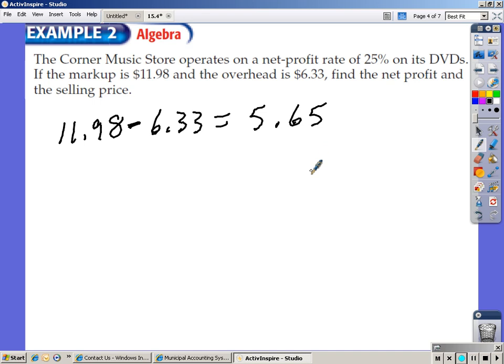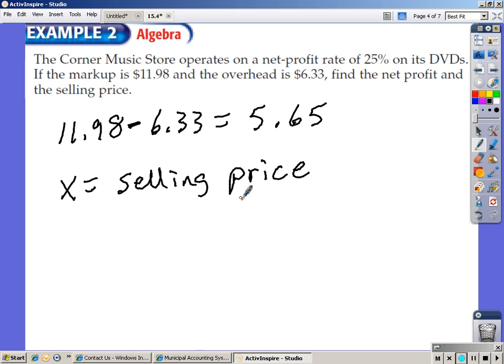Okay, and finally we need to find my selling price. Now, we're looking for the selling price. We're going to let X equal our selling price, and we're going to plug it into the formula. The formula that I'm going to use is the one I got today, which was net profit rate equals net profit divided by selling price. Well, if I know my net profit rate is 25%, 0.25 equals 5.65 divided by X. Okay, let's go ahead and solve for this.